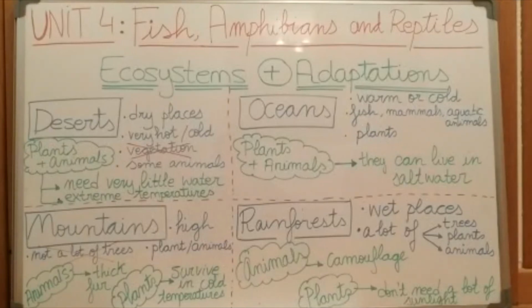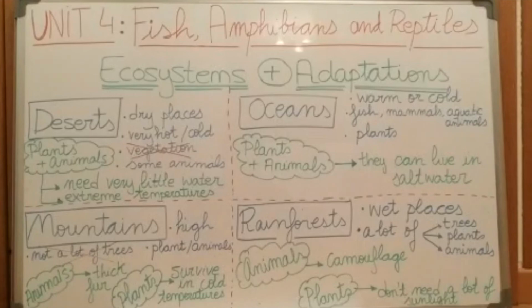They have fat under their skin, grasa under their skin, for surviving with this temperature, okay? Because on the mountains, the temperature is really cold. What happens with the plants? Plants are also adapted to live in the mountains. Why? Because the plants that are always growing in this kind of ecosystem are plants that can survive in cold temperatures. Okay?